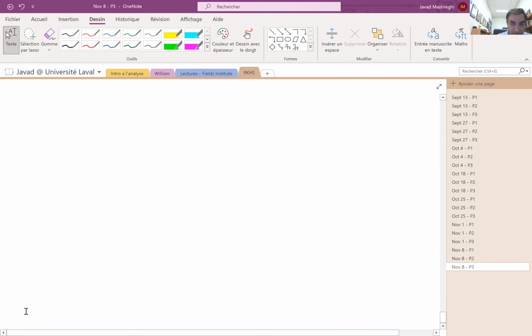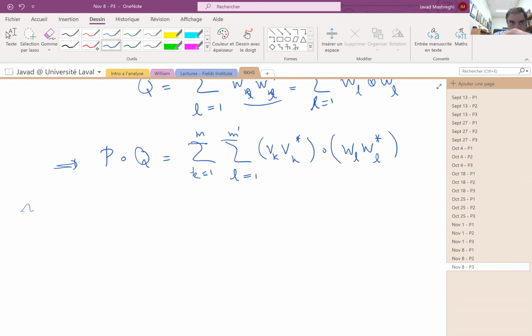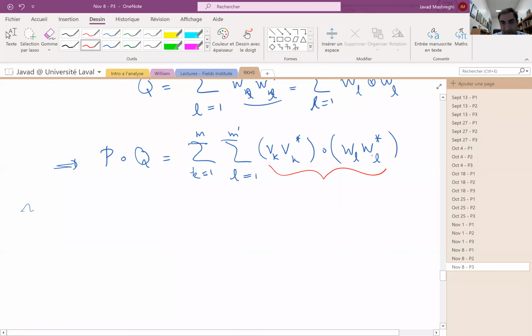We are almost done if you pay attention to what this means. We have a vector here, we multiply by its transpose, then component by component we do the same with W. So this is V, this is W. And then we do the Schur product component by component.